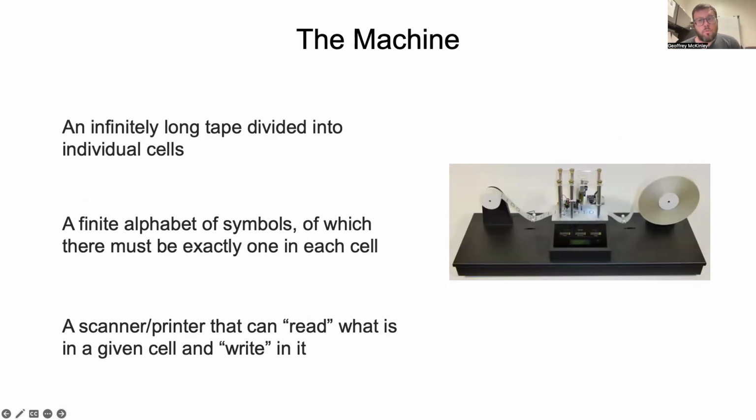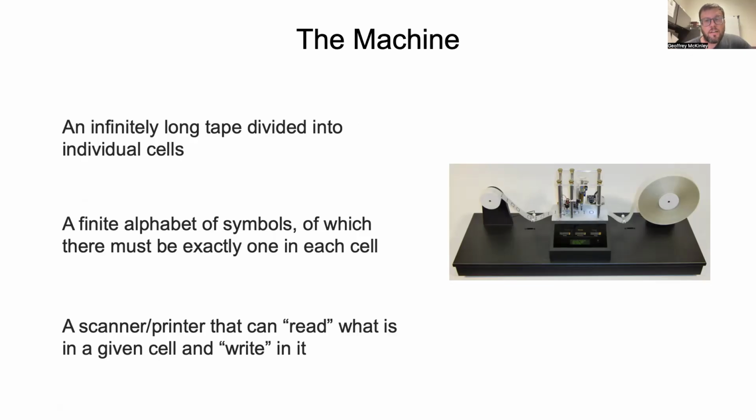Okay, so now we'll talk more specifically about the machine. This is a picture of a sort of Turing machine. It's not really a Turing machine. It's a physical instantiation of a Turing machine, because a Turing machine has an infinitely long tape, and this has a finite tape. But it's supposed to symbolize or represent a Turing machine to some extent.